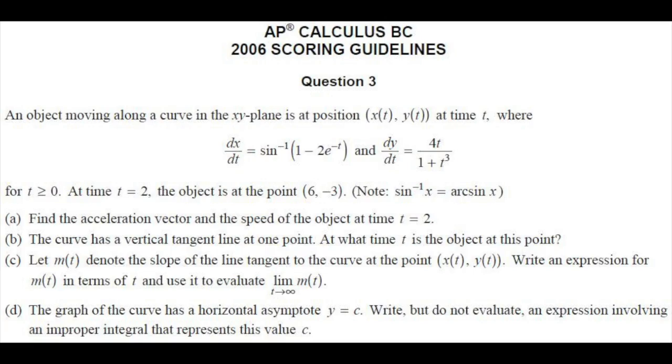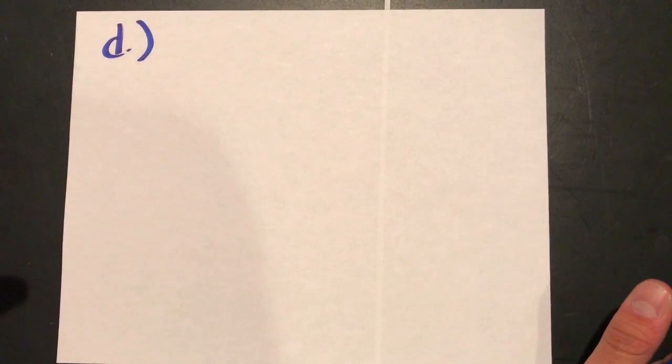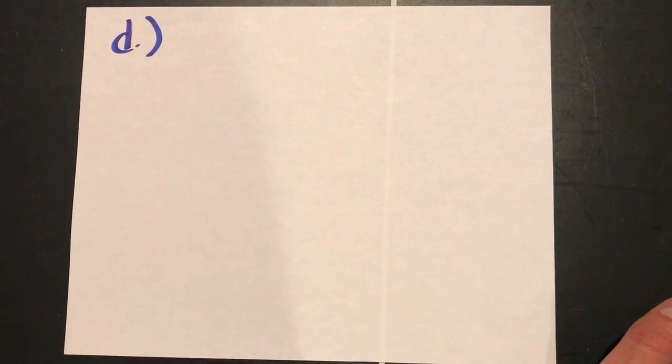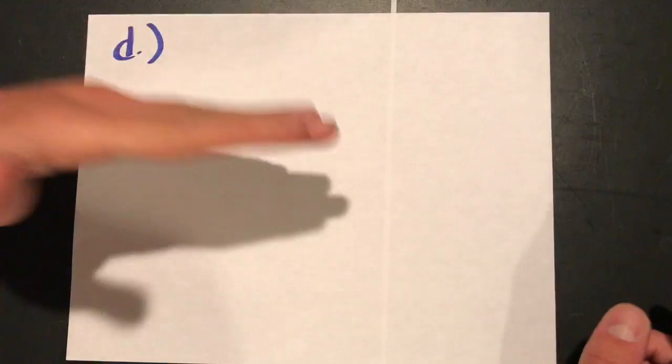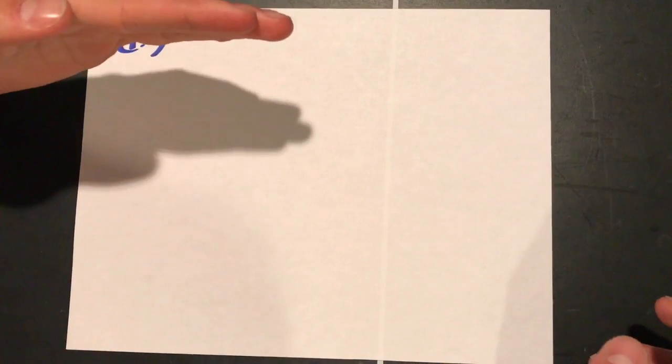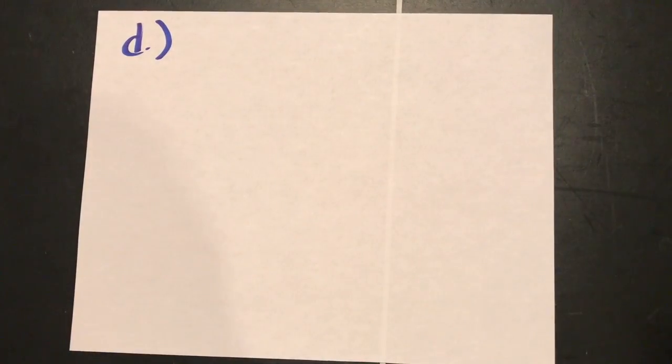Now for part D. The graph of the curve has a horizontal asymptote, y equals c. Write, but do not evaluate, an expression involving an improper integral that represents this value c. Okay, we're looking for a horizontal asymptote, which is a horizontal line defined by a y value consistently across the entire interval.